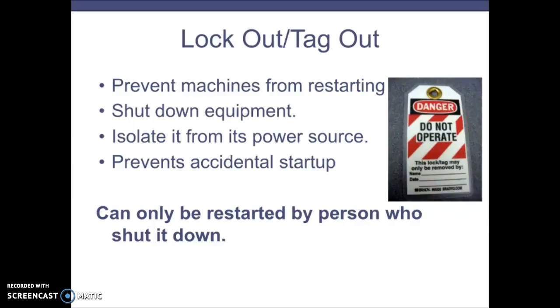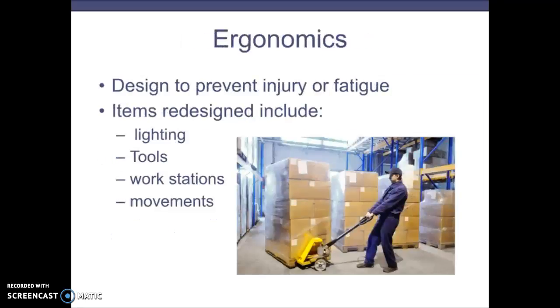So an employee walking in can't just start a piece of equipment and cause danger to you. It can only be restarted by the person who shut it down. There are also these lockout tagout tags that are critically important. Lockout tagout in industry has really impacted the safety of businesses and increased the productivity of workers because they are on the job versus being injured.